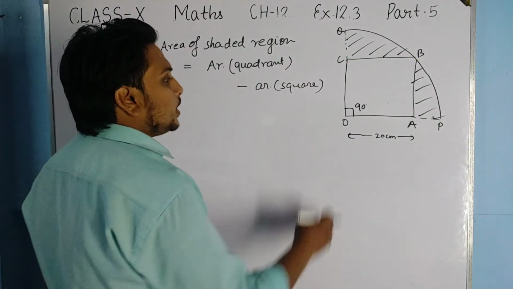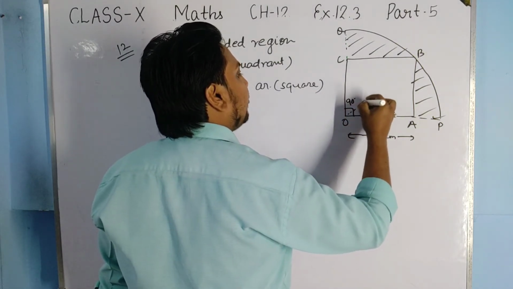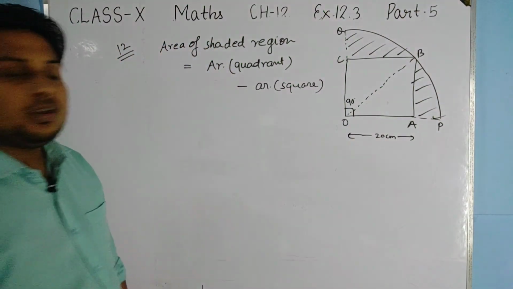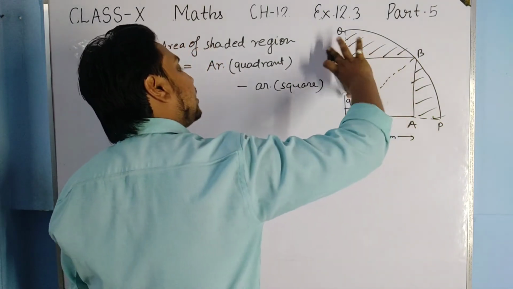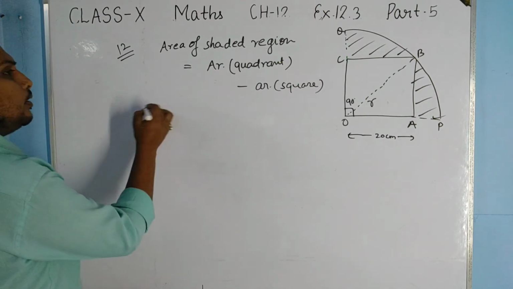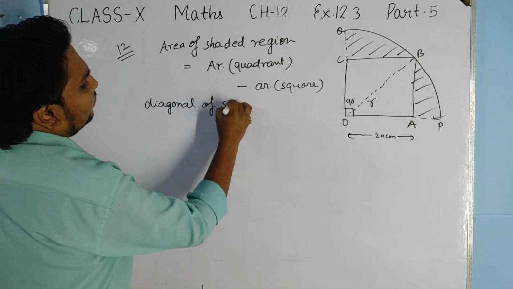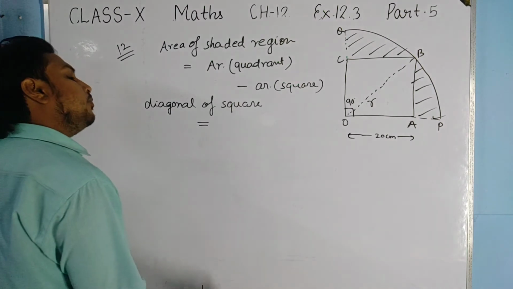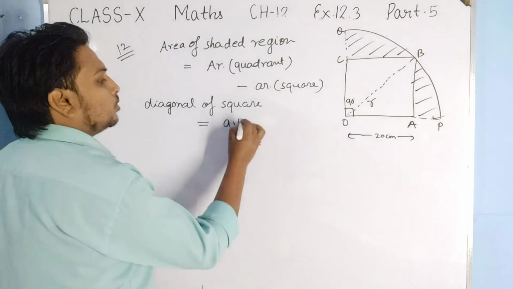Okay, so students, in that case you can see that if we draw the diagonal of the square, then it will work as the radius of this quadrant. So how will we find the diagonal of the square? We know the formula for diagonal: the diagonal of the square is a under root 2.